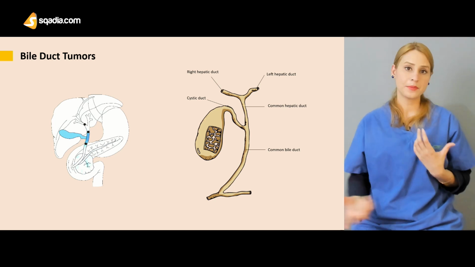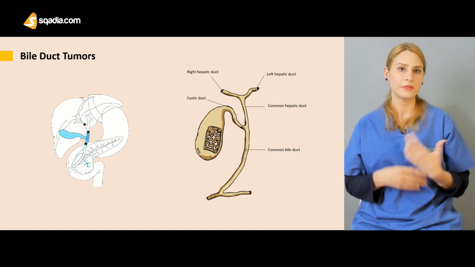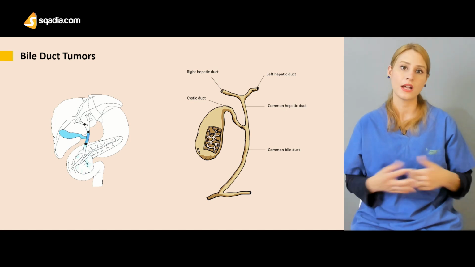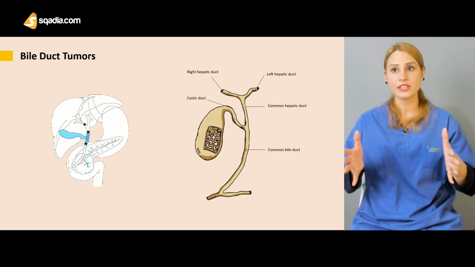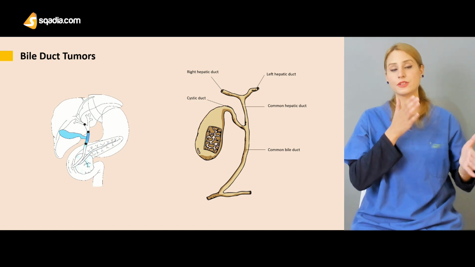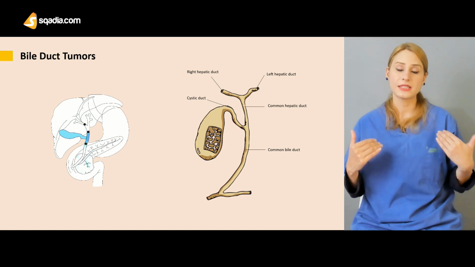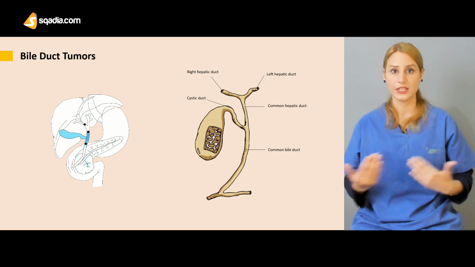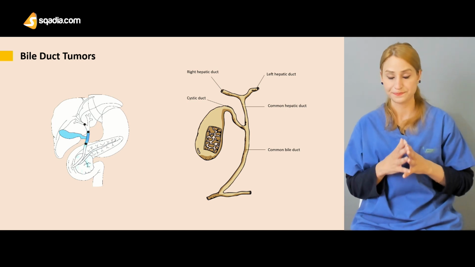And there are some non-epithelial tumors like neurofibromas, neuromas, lymphangiomas, and hemangiomas. This classification, of epithelial and non-epithelial tumors, is based upon their origin, whether they come from epithelial cells or from non-epithelial origin.